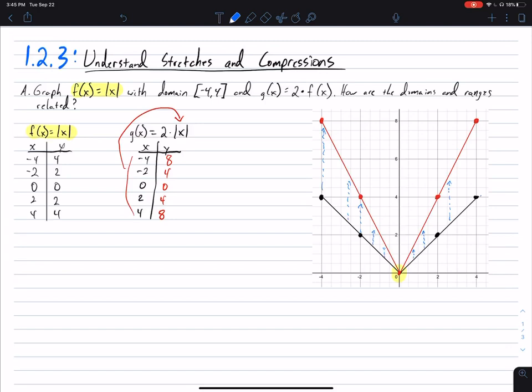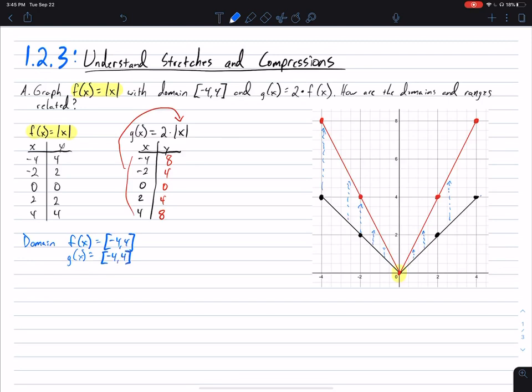So how are the domains and ranges related? So my domain for f of x, they told me was -4, 4. Now, what about g of x? Well, my x values still go from -4 to 4. So my domain didn't change.